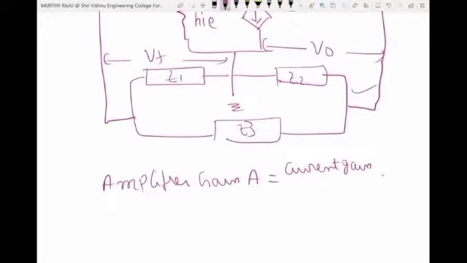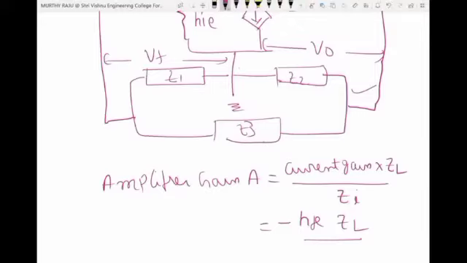Here the CE amplifier introduces a 180 degree phase shift. Current gain into load resistance ZL by input resistance ZI. The minus sign is compulsory because the current gain is minus HFE into ZL by ZI.